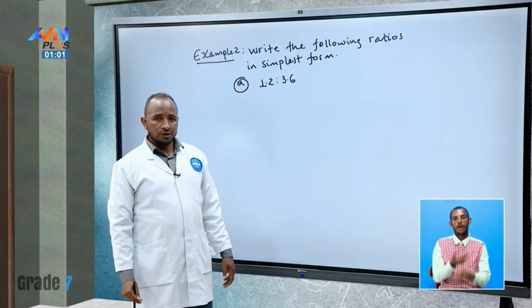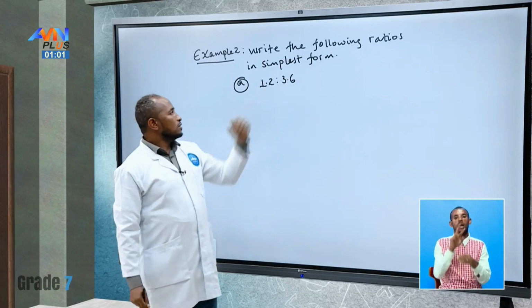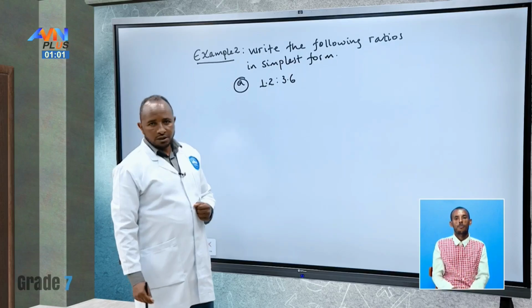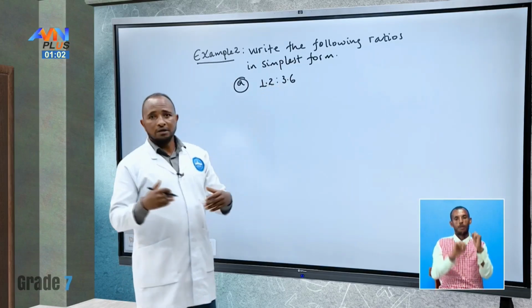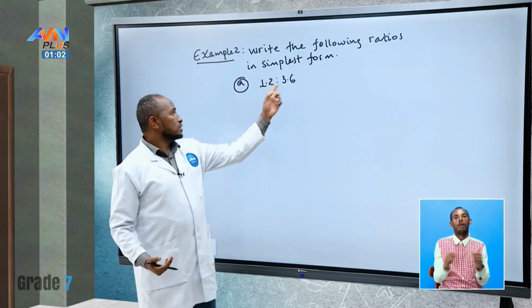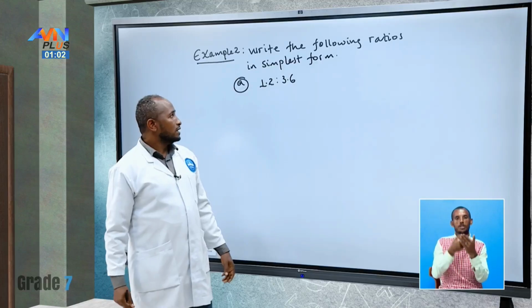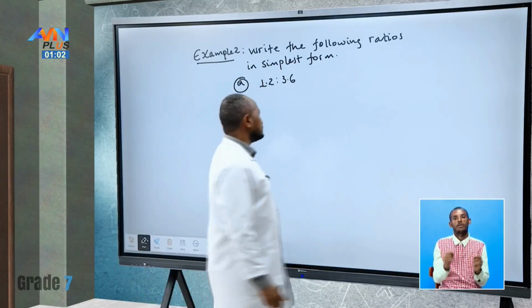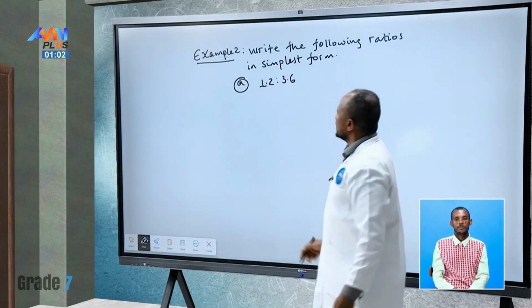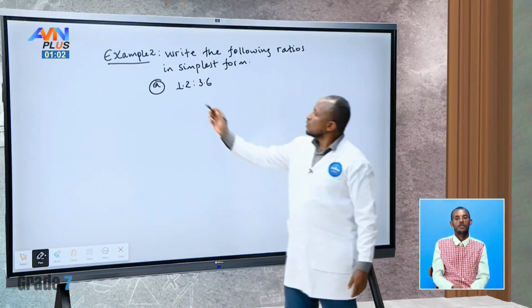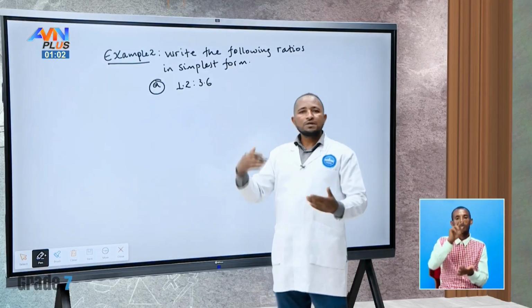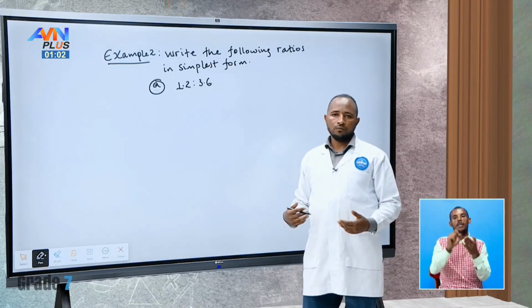Earlier, as we said, ratio means comparing the two things by dividing. So we can compare these two by dividing. So here, 1.2 can be written in fraction form.